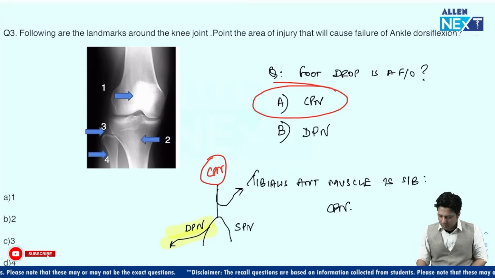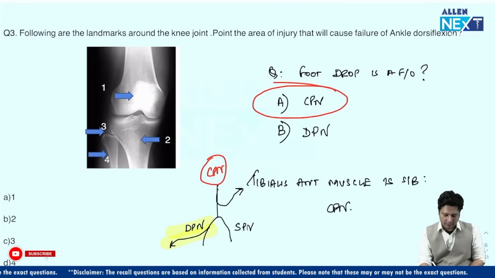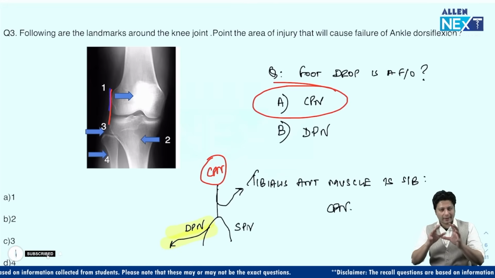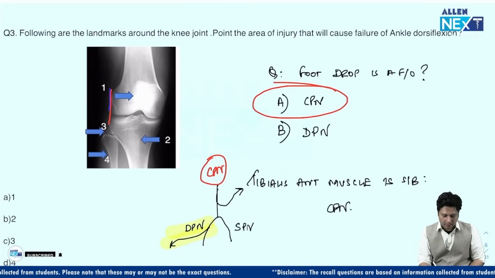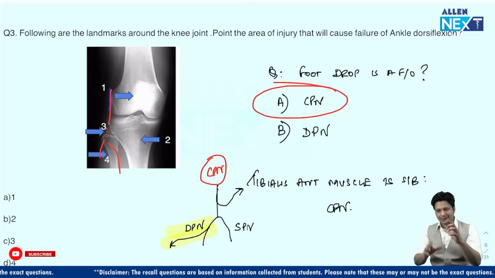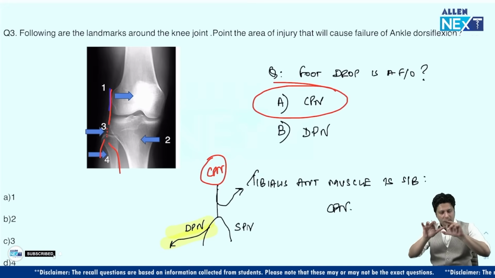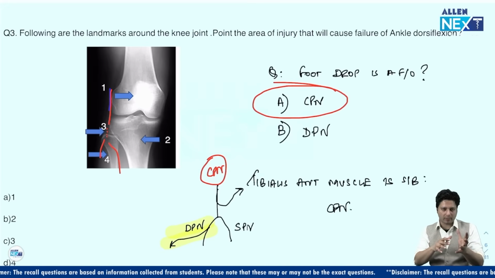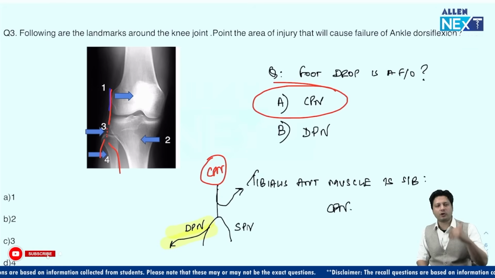Now, if you look at the course of the common peroneal nerve, it goes behind the head of the fibula, and just after descending some extent, it divides into its two branches. So near the proximal aspect of the fibula, there is the common peroneal nerve as well as its division into deep and superficial peroneal.